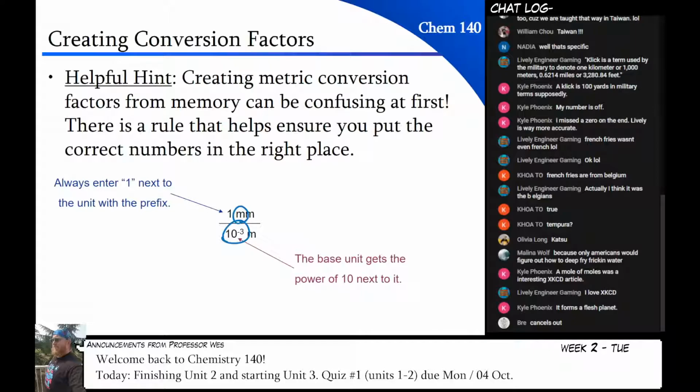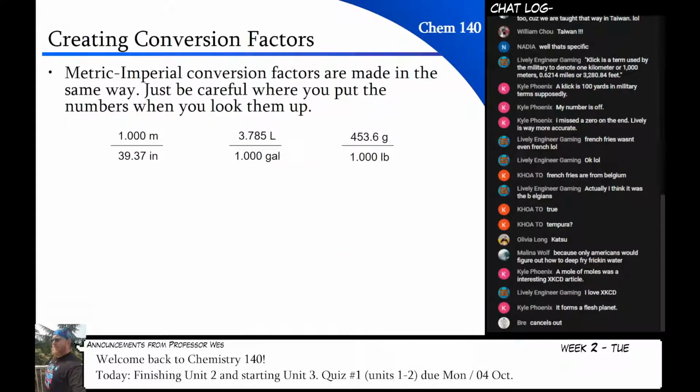If you put 10 to the minus 3 and then you put the lowercase m for milli together, you get the wrong conversion. Okay. So again, make sure that you have the correct orientation of where the prefix and the number go relative to each other. But once you've got all that down, you can then use this to do any conversion that you want to.